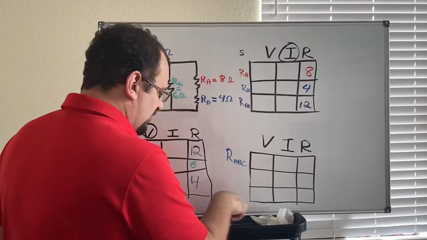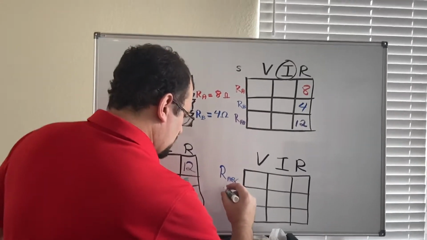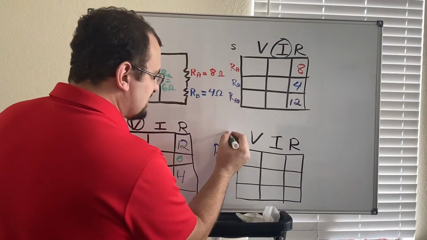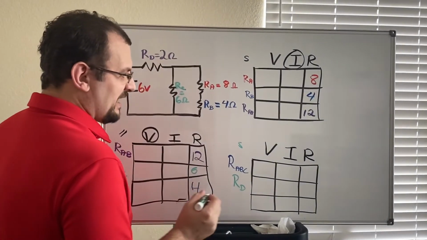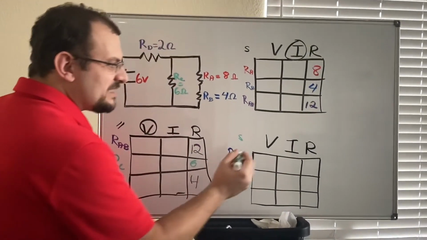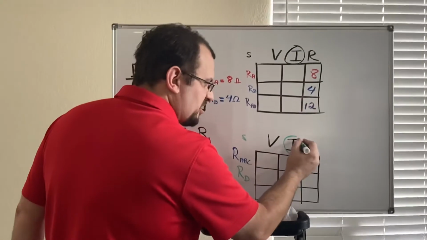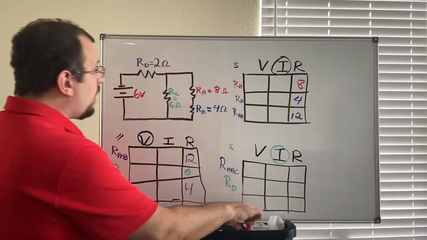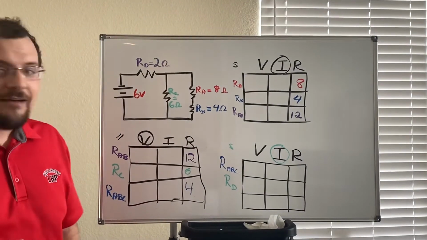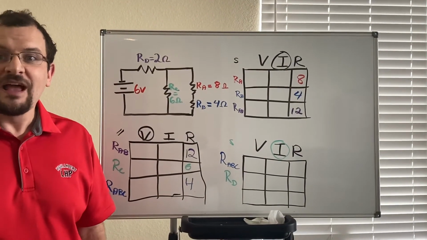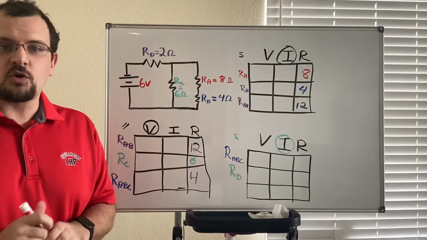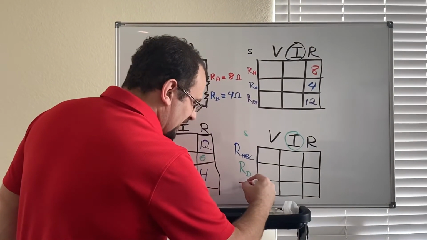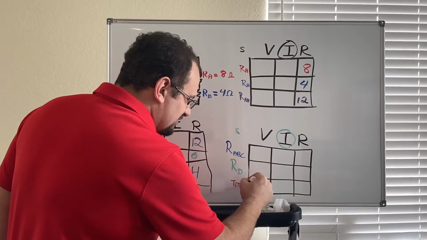We have resistor D. And this is going to be in series, so I'm going to put an S right there. And the series circuit means that the current's going to be the same, so I'm going to go ahead and circle I. And now, hey look, I have all my resistors taken care of. Now I can finally write the word total. So I can now put total down here. And that's going to be real nice.